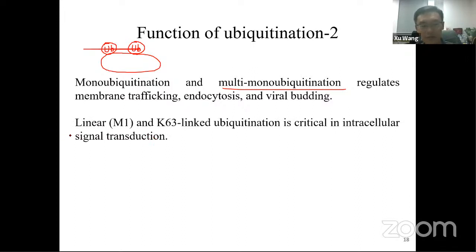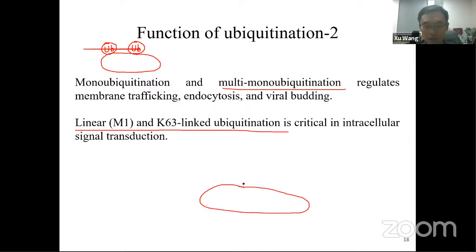Other ubiquitination, for example, the linear and K63-linked polyubiquitination, is critical in intracellular signal transduction. Linear and K63 ubiquitination is a signal for protein activation instead of protein degradation. And we should know that linear and K63-linked ubiquitination are two types of polyubiquitination.